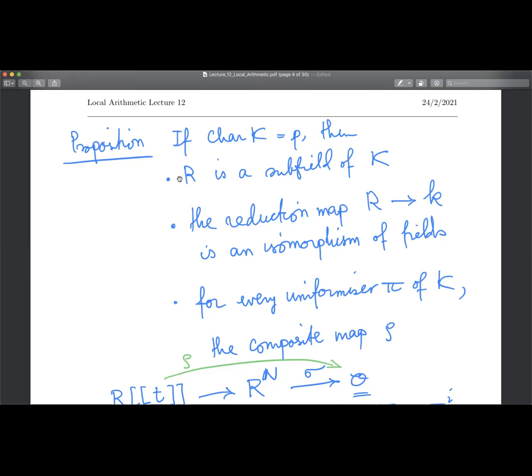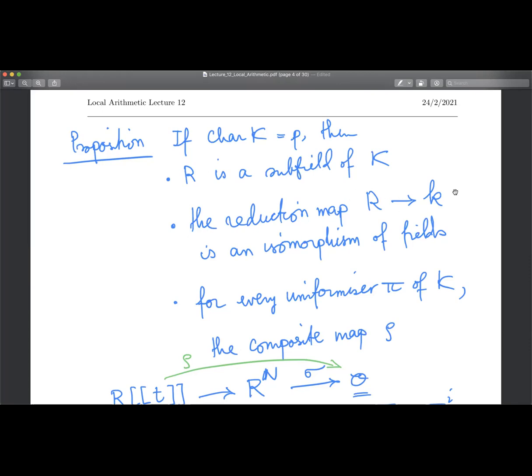Okay, what are the assertions? First of all, R is a subfield of K. I had only proved that in general, R is just a submonoid of the multiplicative monoid. In other words, it contains 1 and the product of any two elements that it contains. But if the characteristic of the field K is equal to p, then R is actually a subfield.